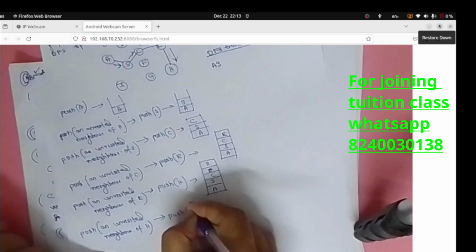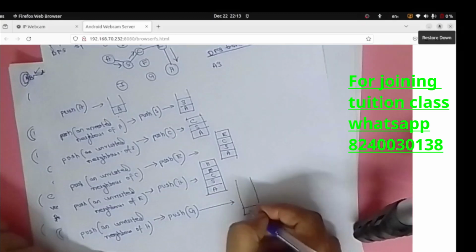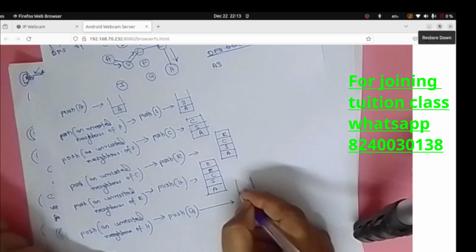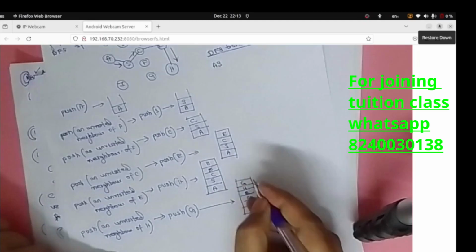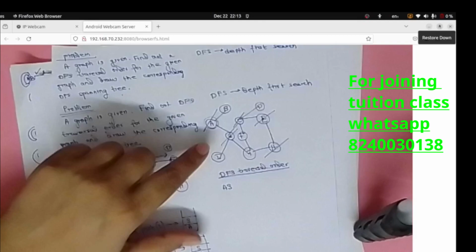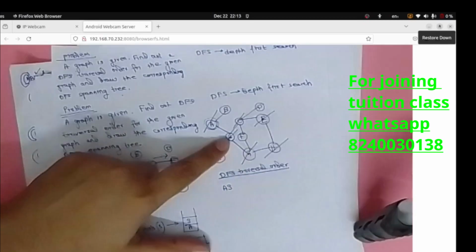So what will be the changes in the content of the stack? Previously it was A, C, E, H. Now G is the topmost element in the stack. As the vertex G has been inserted into the stack, this vertex has been visited, we mark it as visited.